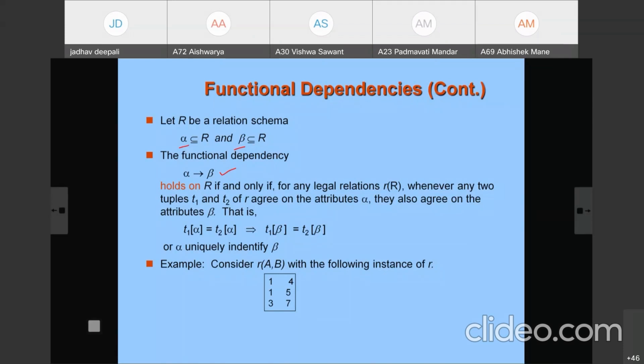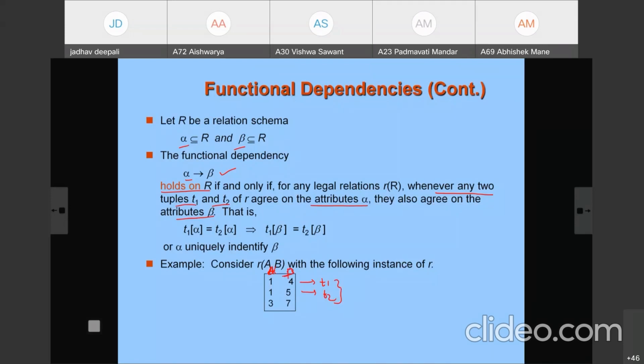The functional dependency alpha tends to beta holds on relation R if and only if for any legal relation R, whenever any two tuples T1 and T2 agree on the attributes alpha, then they also agree on the attributes beta. Suppose this is the tuple T1, this is the tuple T2, and this is A, this is B, or alpha and beta.